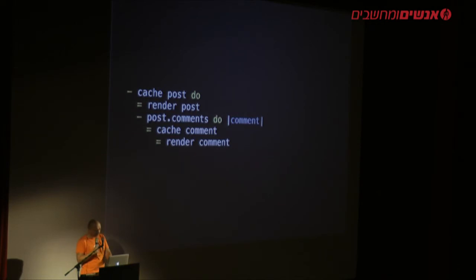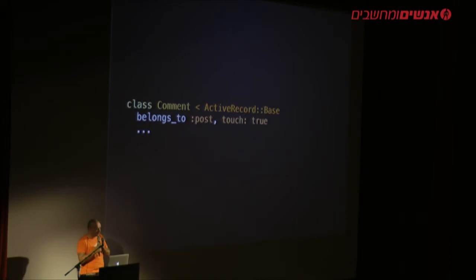Another option, I think a better option because it doesn't require you to remember to do it every time, is to make sure that whenever a comment is changed, updated_at of its post is updated as well. We can do it easily by adding touch: true to the belongs_to association on the comment. So each time we create, delete, or update a comment, the post will have its updated_at changed, and so all the cache keys will change as well.